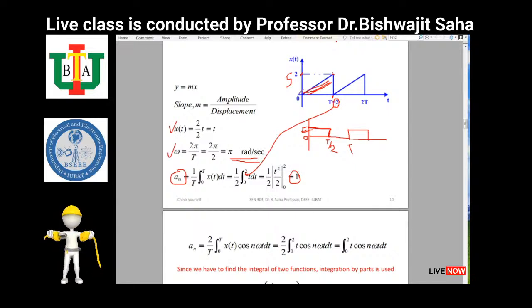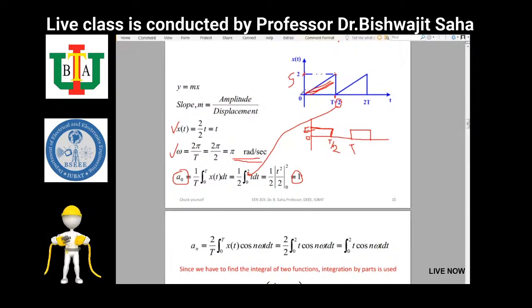DC value, 0 to 5. Here 5 is the amplitude, not the time. So x of t is 5 divided by 2. Yes, sir. 2.5, sir.